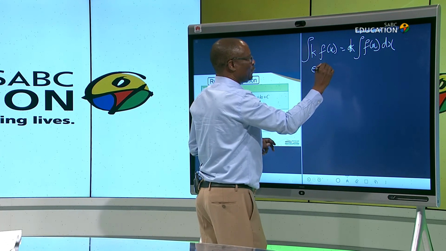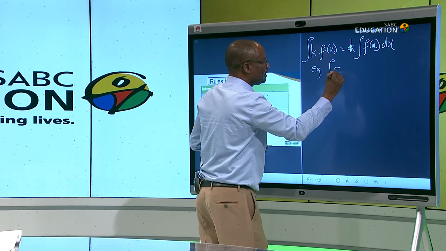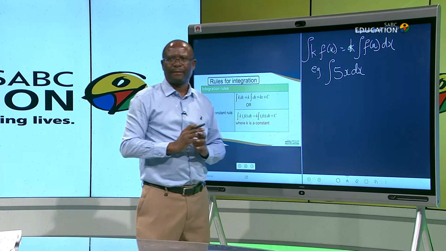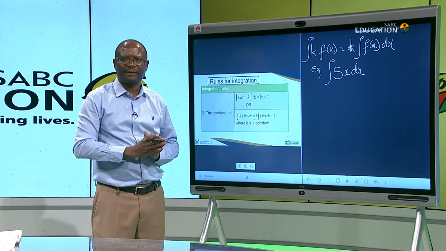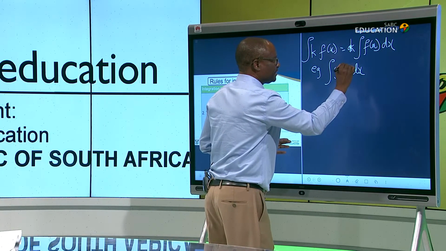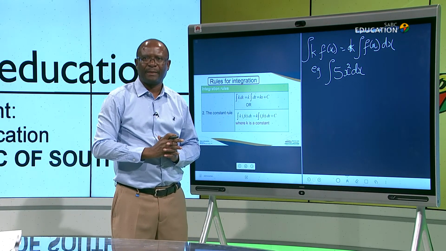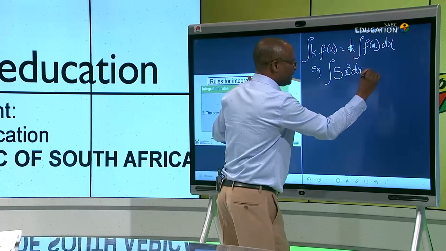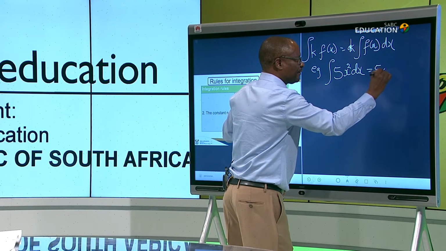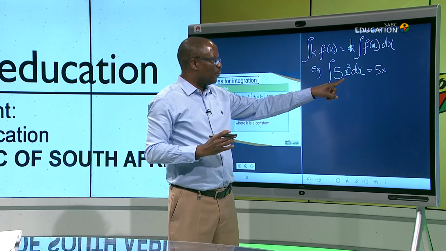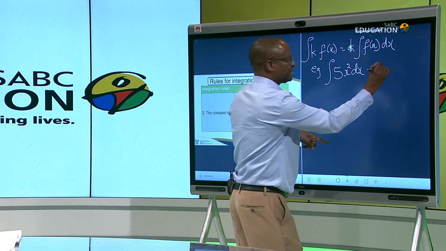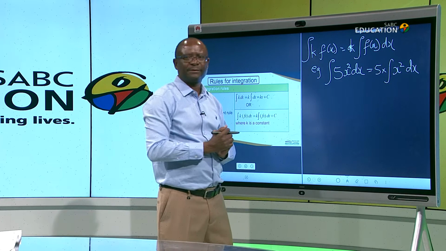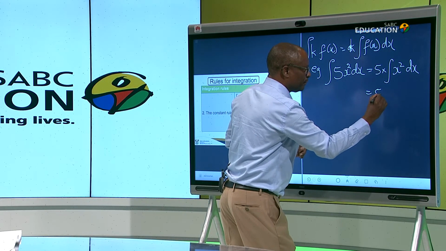You are given the integral of 5x squared dx. How do we integrate this? Remember, the constant you can always take out. Then this will be equal to 5 integral of x squared dx.